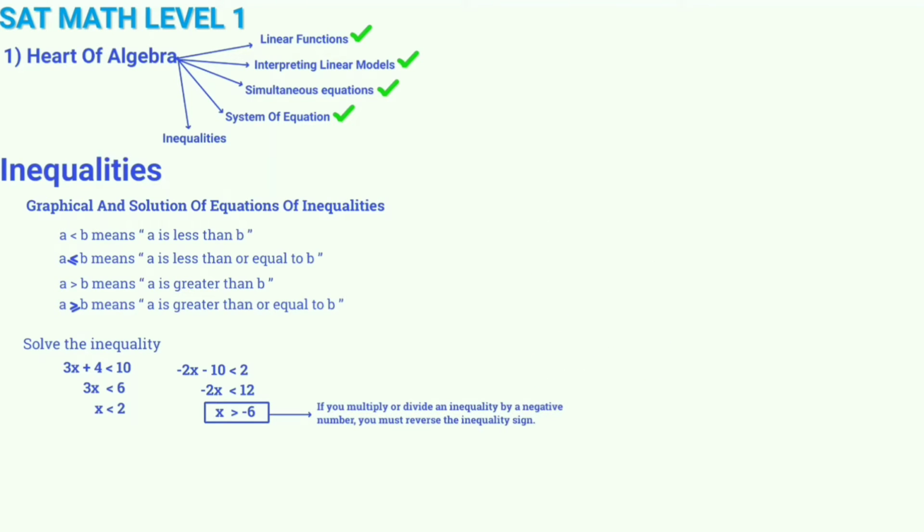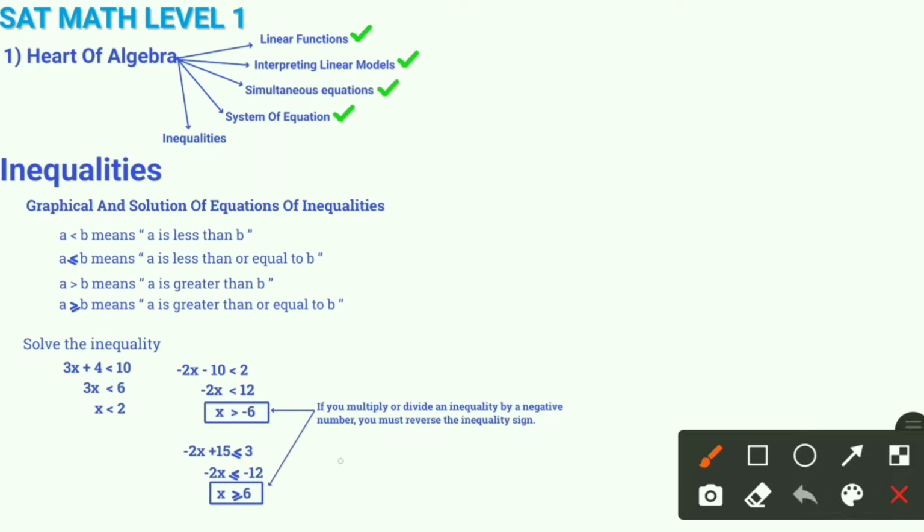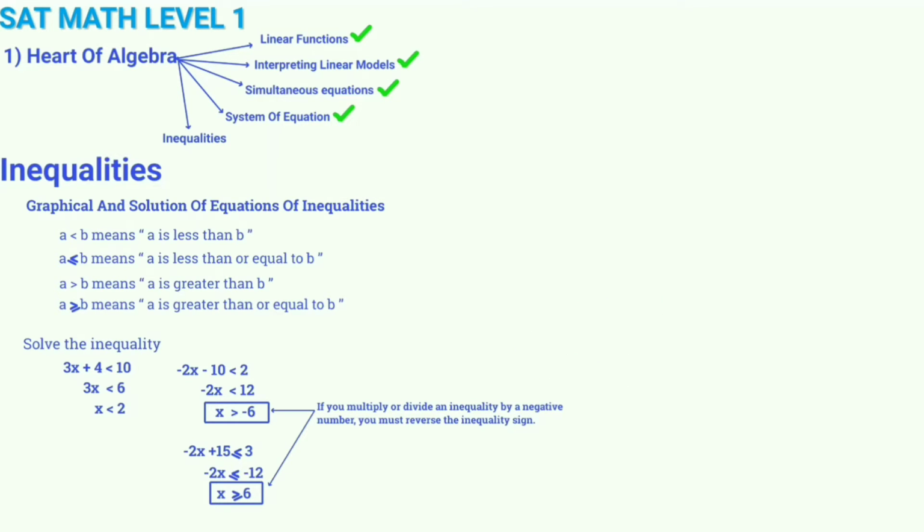If you multiply or divide an inequality by a negative number, you must reverse the inequality sign. You can check this out. We have minus 2x and minus 12. If you cancel out the minus sign, then the inequality sign will also change.